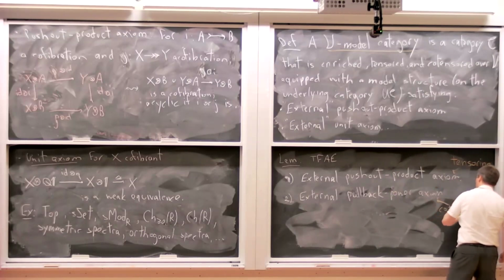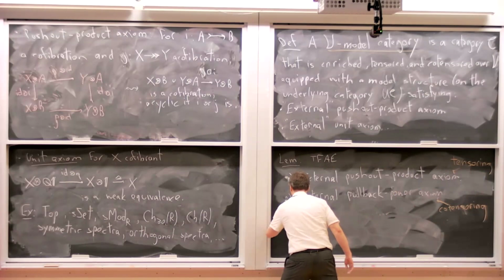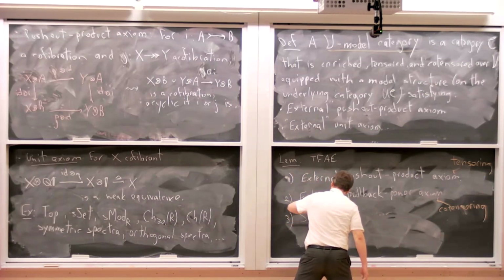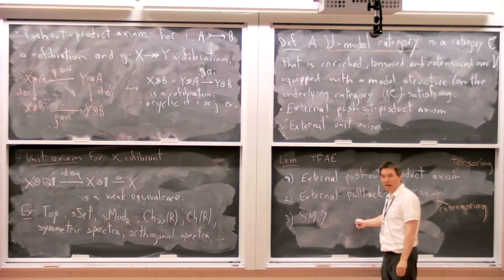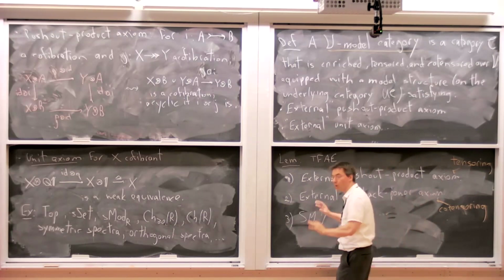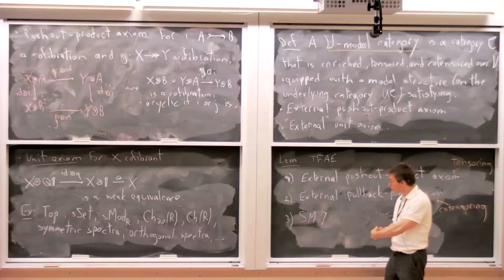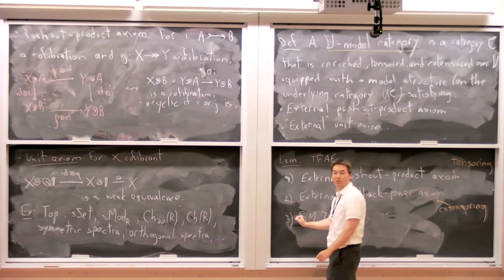The more interesting one is SM7, which uses the enrichment only. So I've been calling this version EM7 in my head, for enriched model categories, as generalized SM7, but I'm the only person in the world calling it EM7, so I'll stick to SM7. But it's just a generalization to other monoidal model categories than simplicial sets.